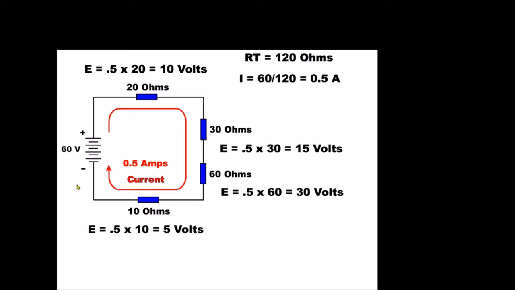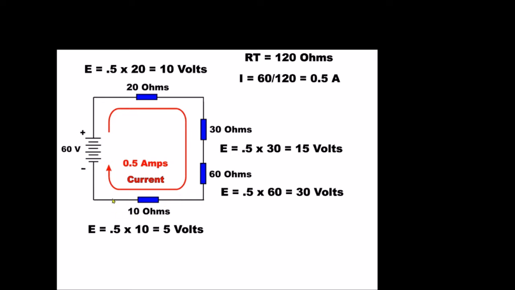So let's take a look. If you're going to do some measuring of voltage, let's say we use our negative as a reference. If we reference our meter to this point here and measure the voltage at this point here, we would be measuring the voltage drop across this resistor right here. So our voltage drop would be 5 volts.